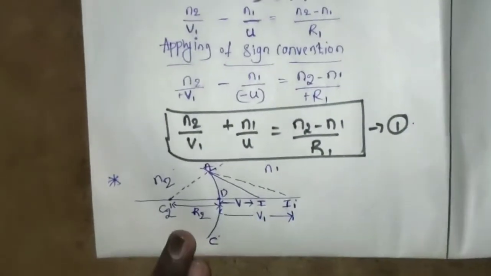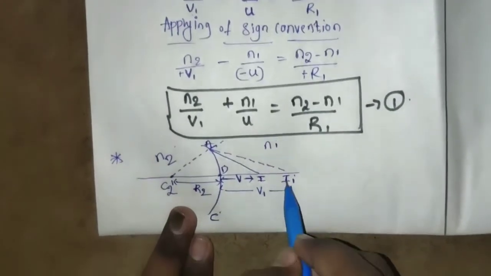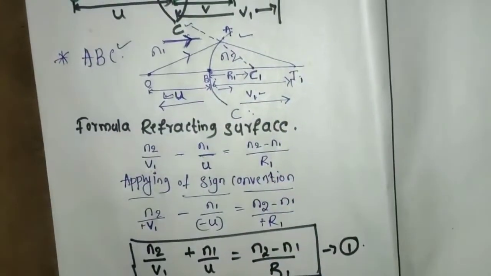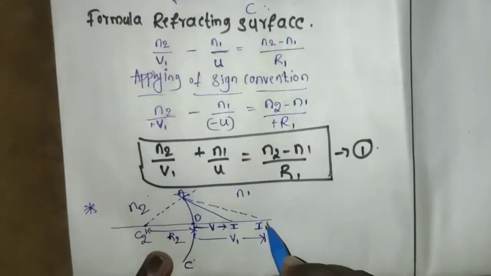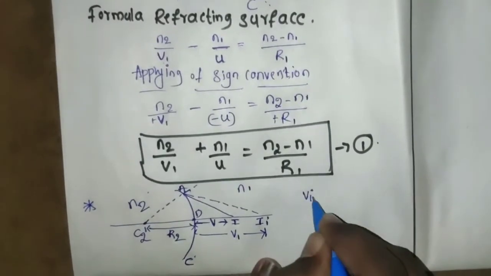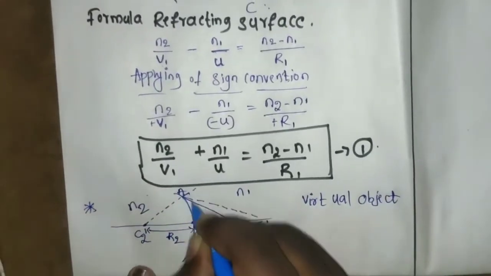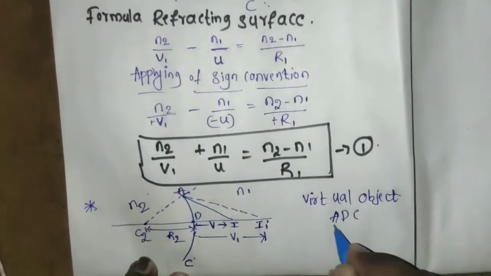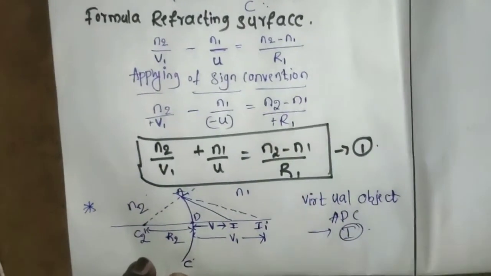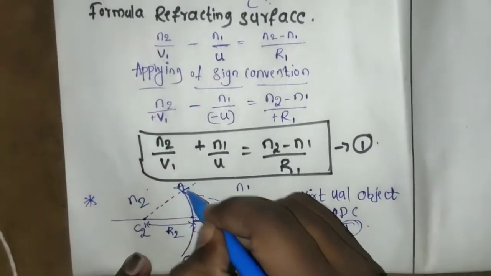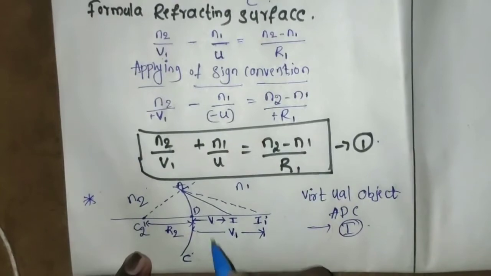Okay, see here, one thing I am going to tell you, this I1 which is formed from the surface ABC is the image for ABC, but this I1 acts as a virtual object for the surface ADC, and it forms an image I. So V1 acts as a virtual object distance for the ADC surface, and V is the image distance.